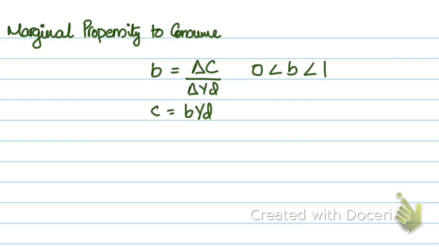So we said that there's autonomous consumption, and then there's consumption based on the disposable income, that's BYD, right?